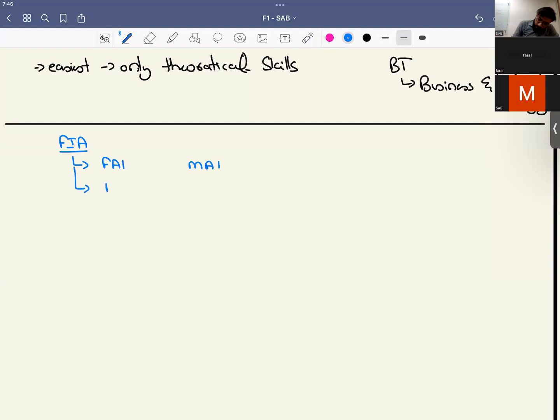Then they do FA2, MA2, and they do F3 or F2, which is known as FFA and FMA. And then there's one exam which is known as F1, which is also known as BT, which we are going to study.